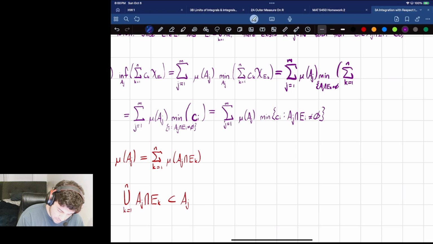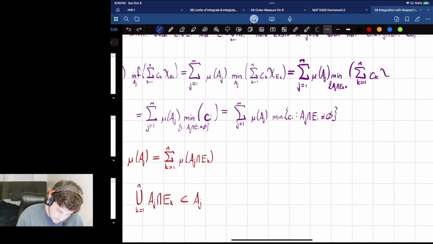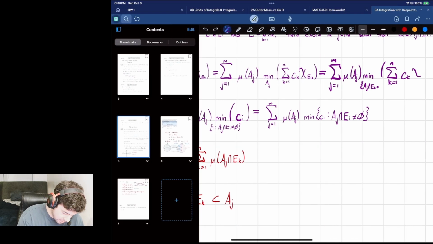K equal to 1 to n of c_k times the characteristic function of E_k. I've got to be careful with this.